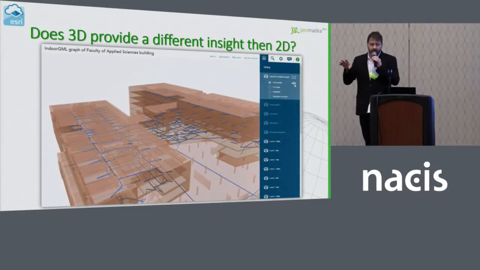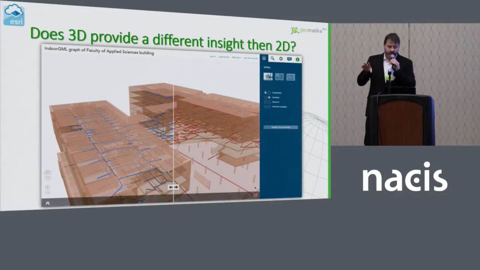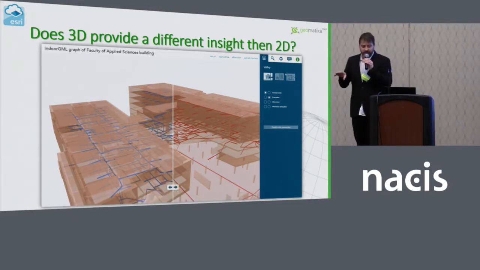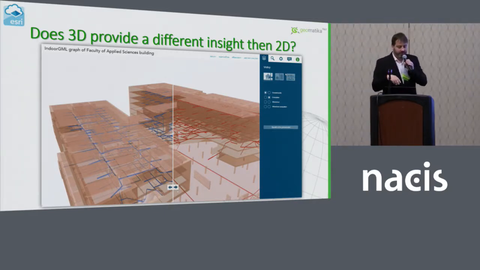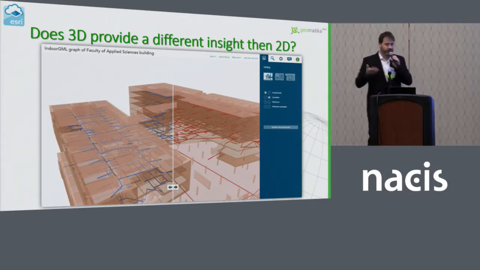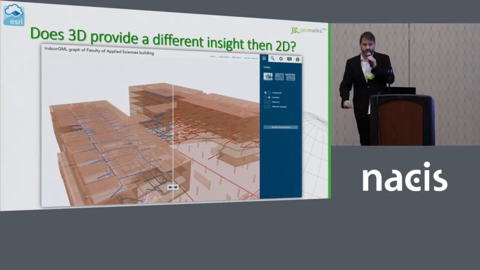It's an IndoorGML navigational graph, and you can compare the general state and the evacuation zones. These red evacuation zones show that during an evacuation you cannot use the lift, which is hard to get as information from a layer of six or seven floor plans.